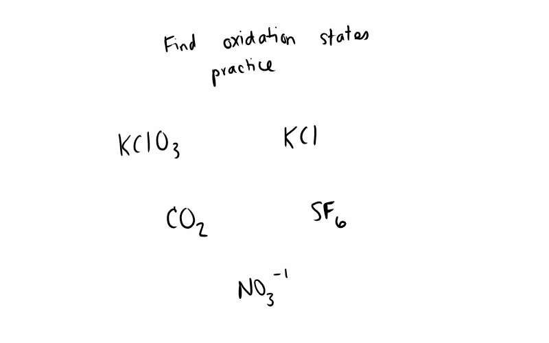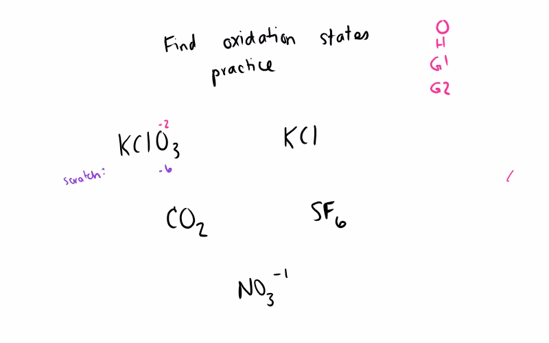Okay, so let's look at potassium chlorate, KClO3. Remember, my list is I look for oxygen, then I look for hydrogen, a group 1 or a group 2. So I see oxygen. I know its oxidation state is a -2. So I'm going to do some scratch work down at the bottom to help me make sure that my charges cancel. -2 times 3 is -6.